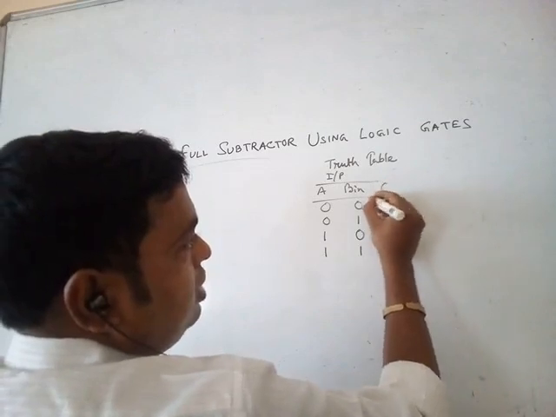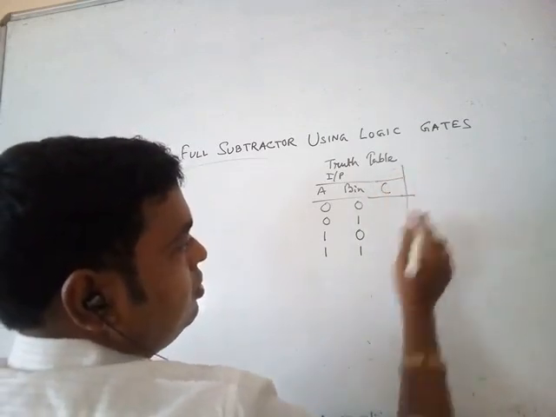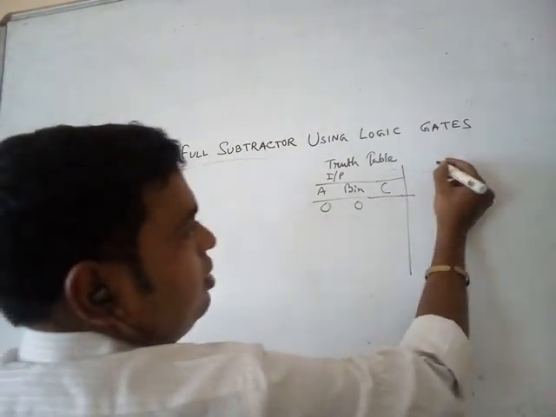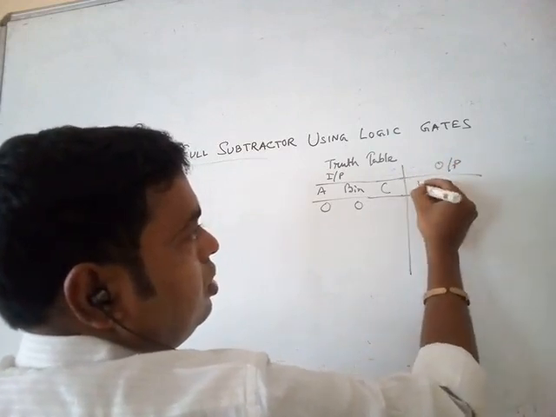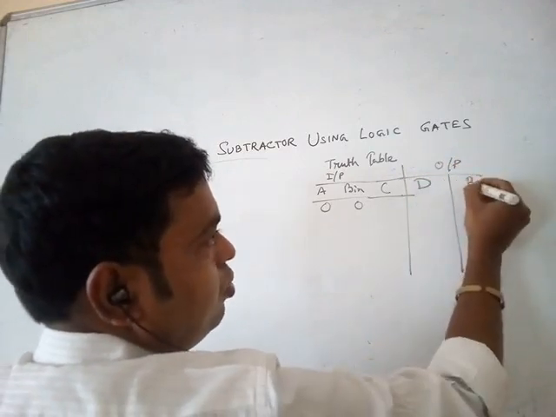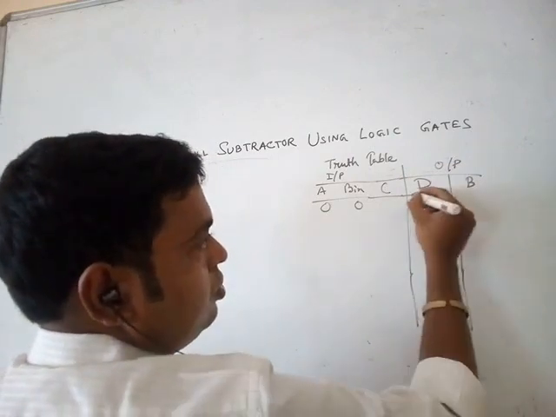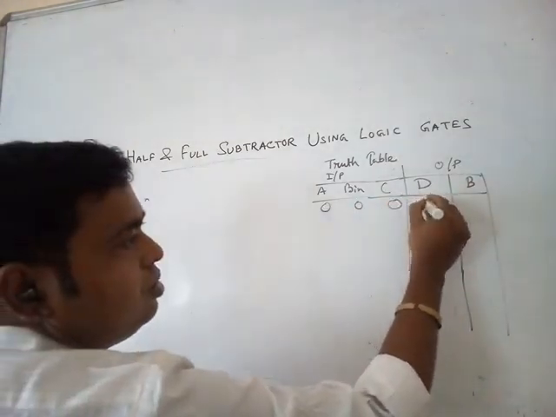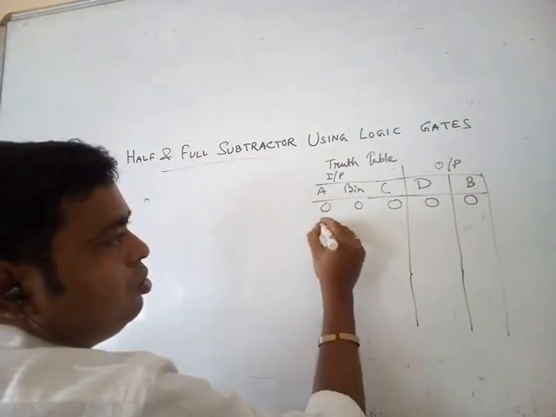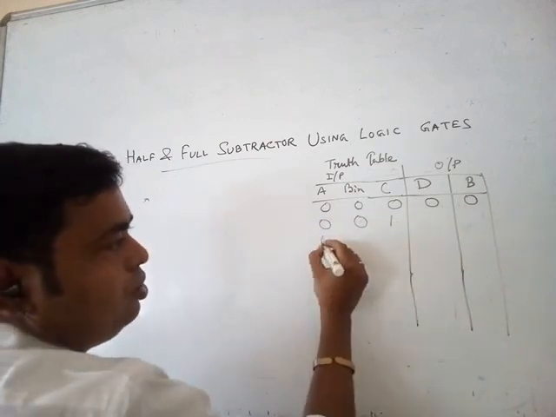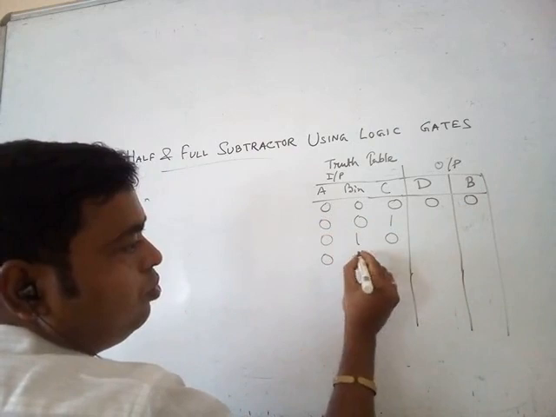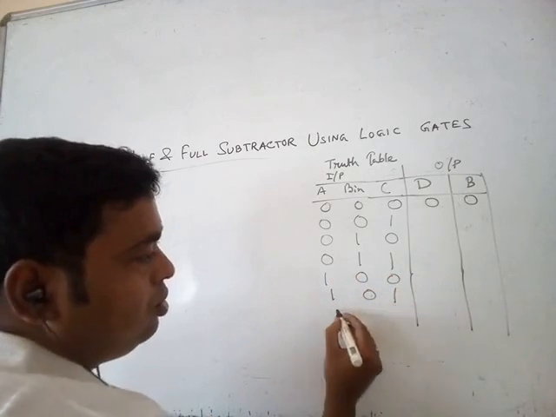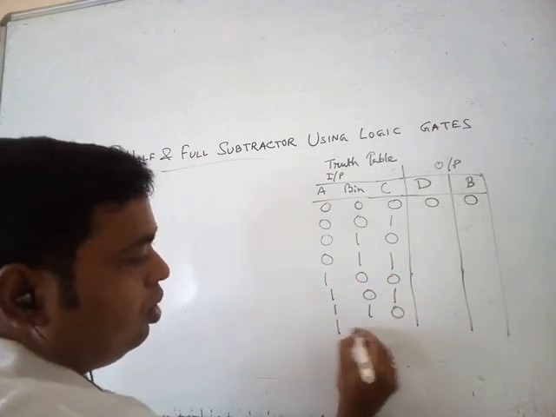We need another input, that is C, this is the input section, and this is the output section. D for difference, B for borrow. Okay, 0 0 0 difference 0, borrow 0.